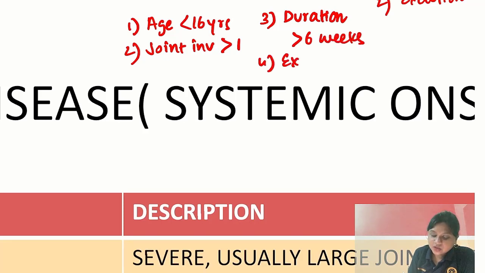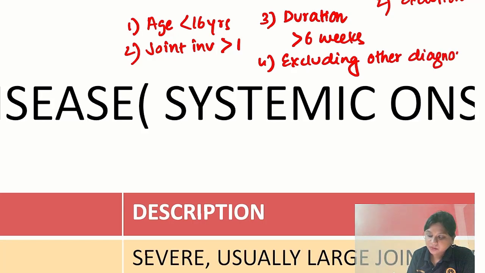And if I am excluding other diagnoses, it means it is not another connective tissue disorder. So that tells me that I am dealing with juvenile idiopathic arthritis.